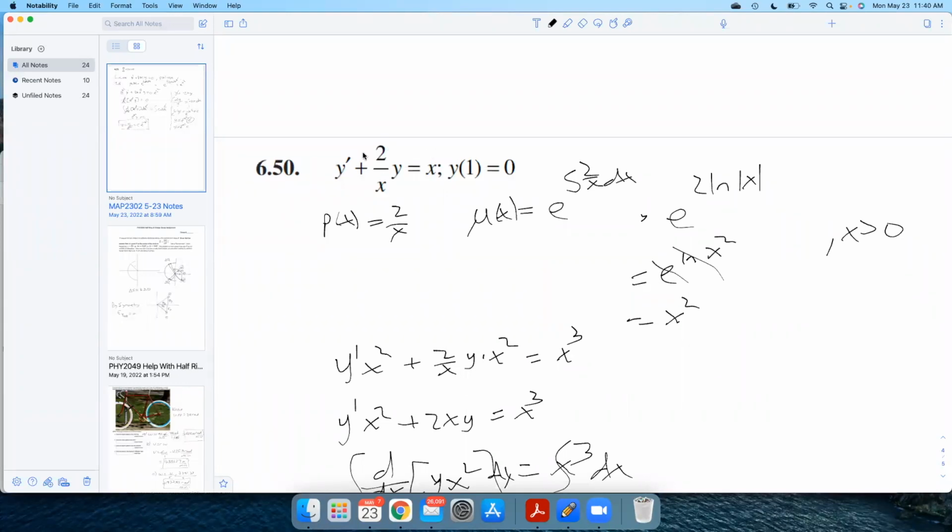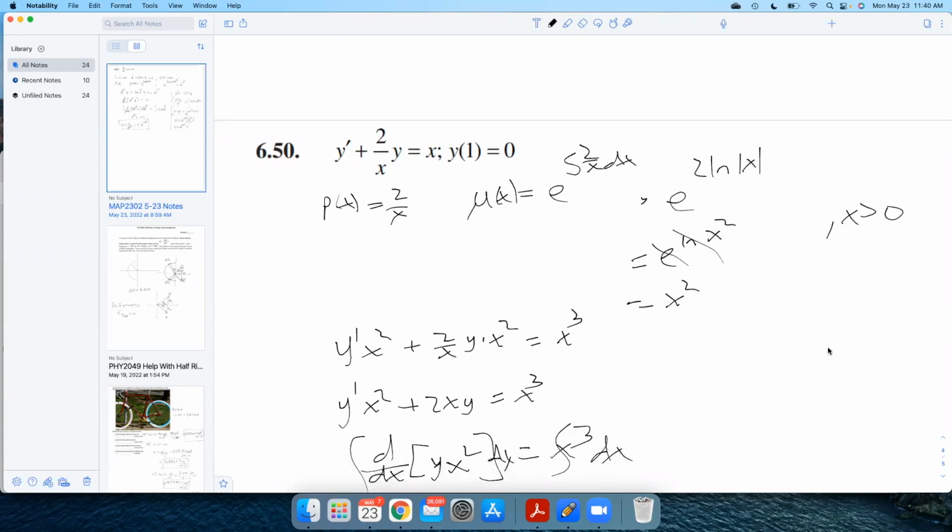There, I can see right here, there's no way to get this y isolated from that x. So let's say we tried to separate it. I've got dy dx, and I'm going to move this stuff to the other side: -2 over xy plus x.